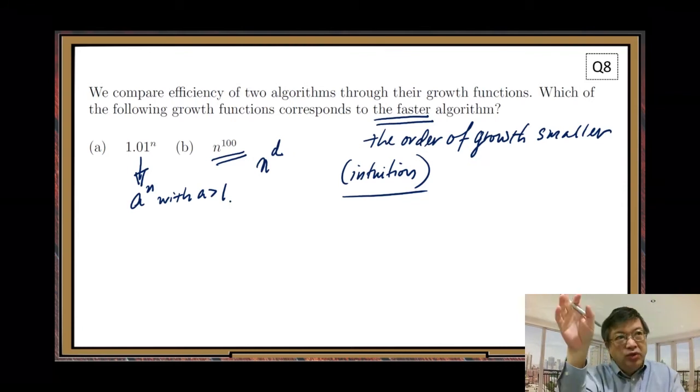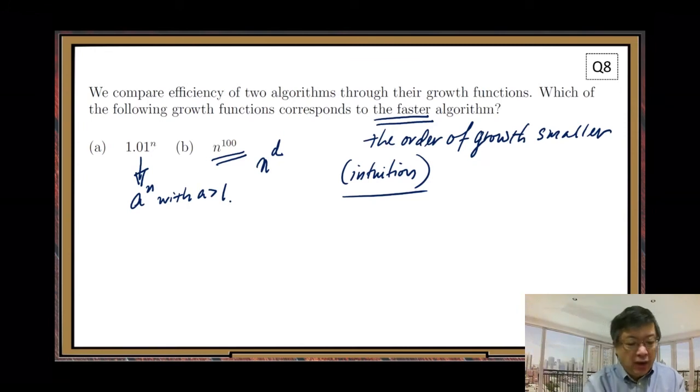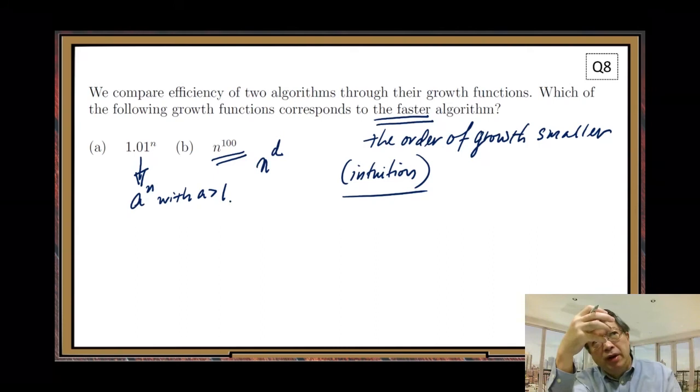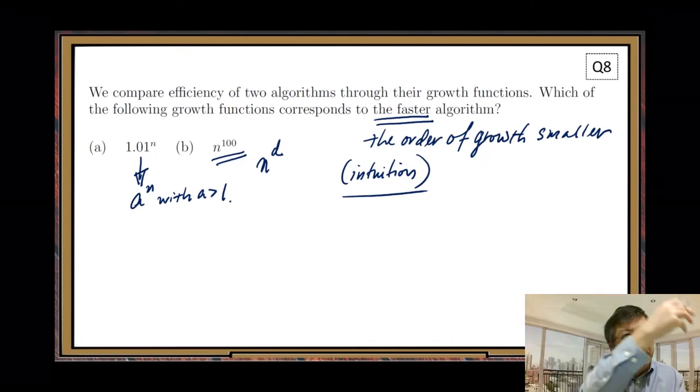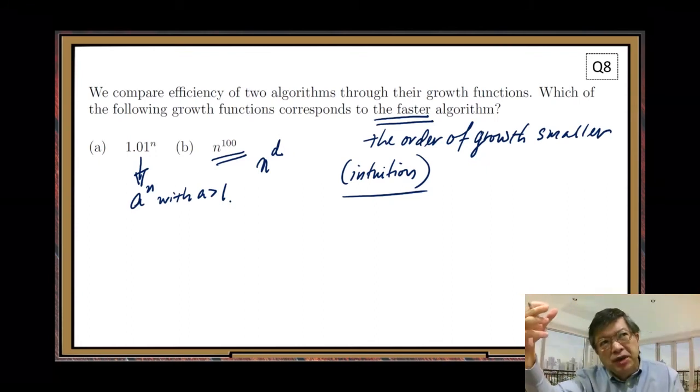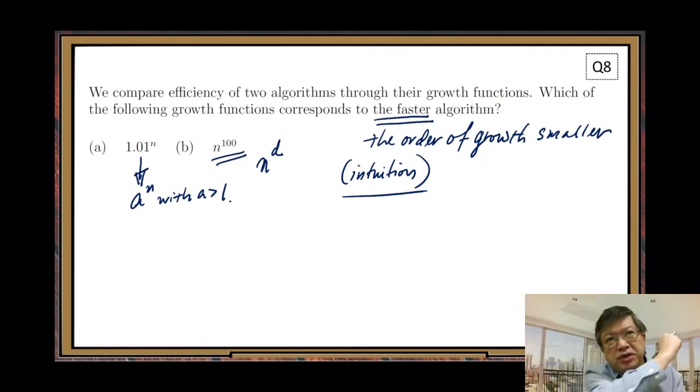n to the 100 looks like a pretty big number based on their intuition, because the other one, 1.01, is a number very close to 1. Although you raise it to the power of n, it's hard to imagine it can grow very fast for those students using their intuition.